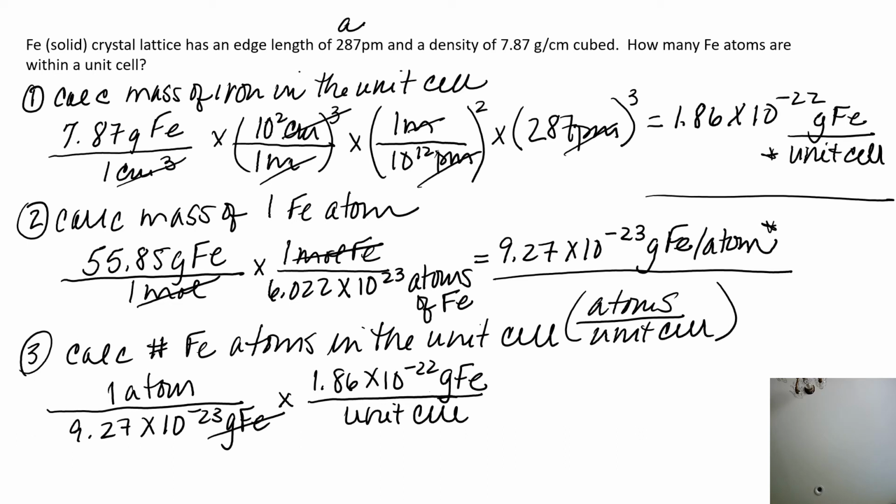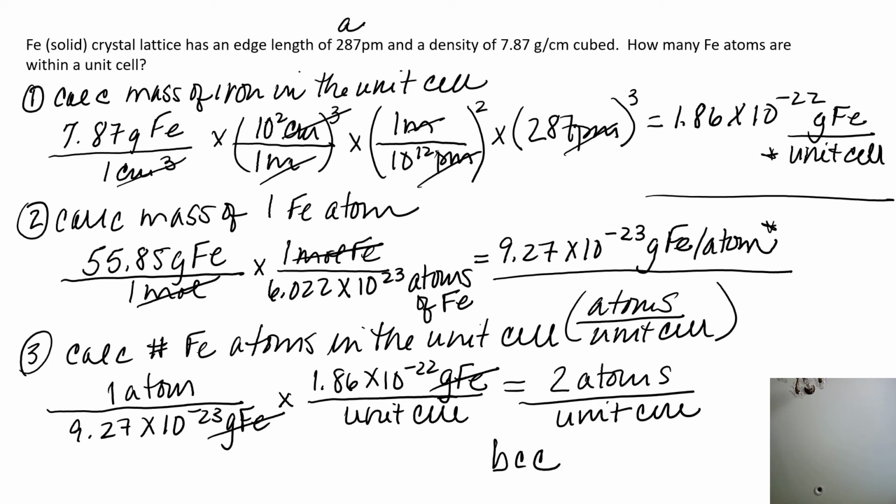So these grams are canceling. I end up with units of atoms per unit cell, and when I do that math, I get 2 atoms per unit cell. So that corresponds to a body-centered cubic cell.